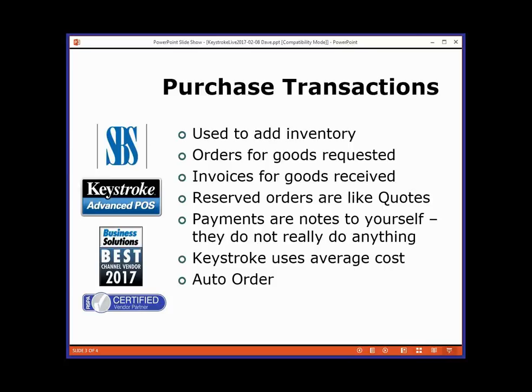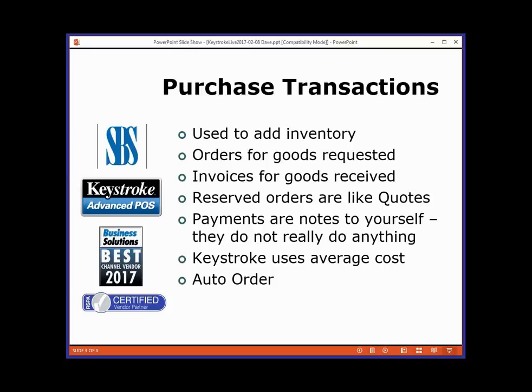If you buy 10 more and pay $10 an item, now you have $150 over 20 items, so your average cost is $7.50. Keystroke doesn't know which 10 you paid $5 for and which 10 you paid $10 for. It knows you have 20 and the average cost is $7.50.